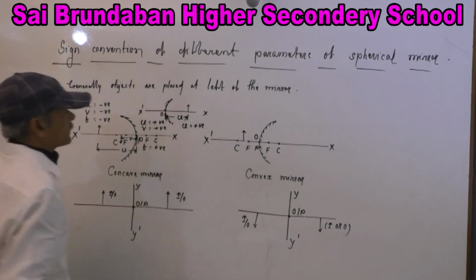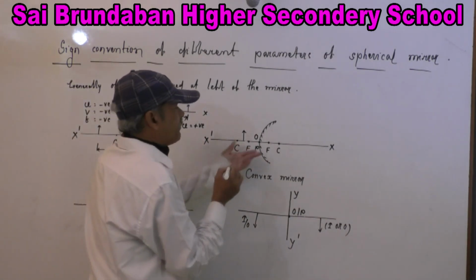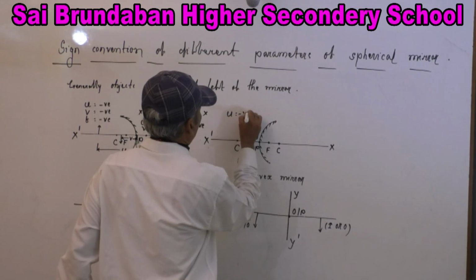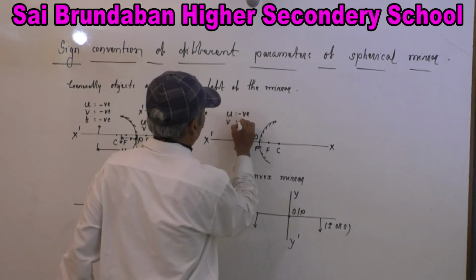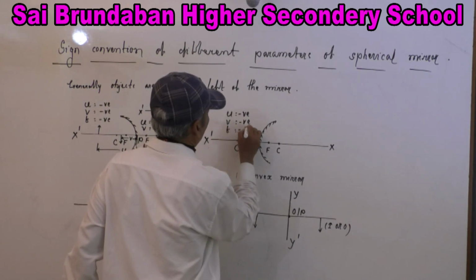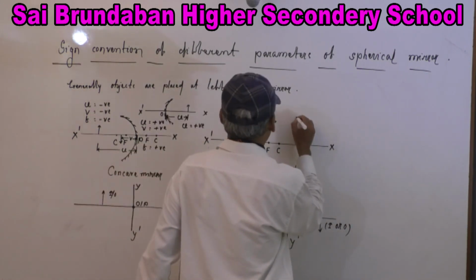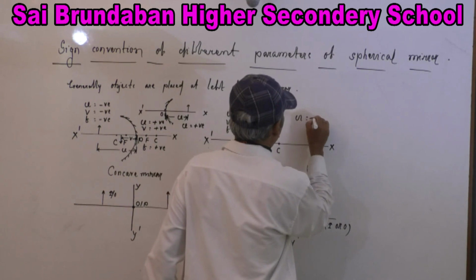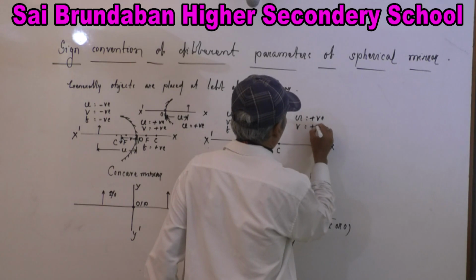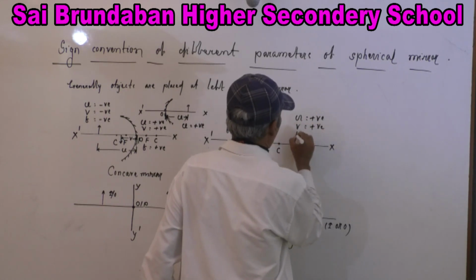In this case also the same thing: U is negative, V is negative, F is negative. On this side, U is positive, V is positive, F is positive.